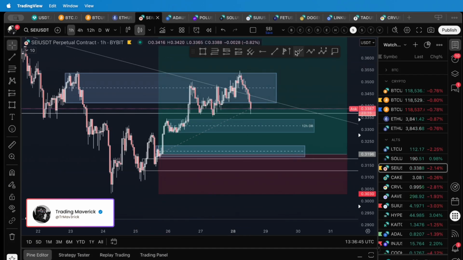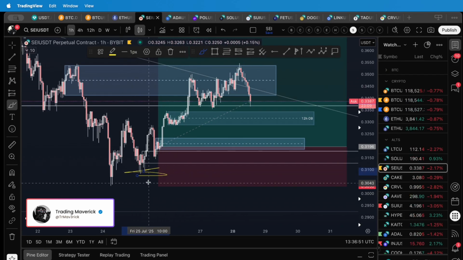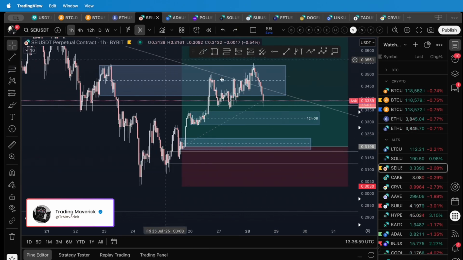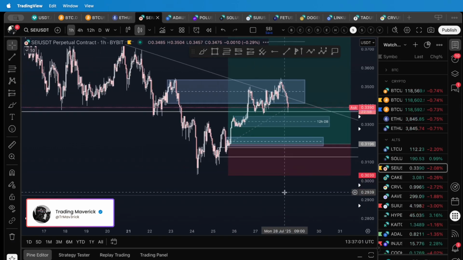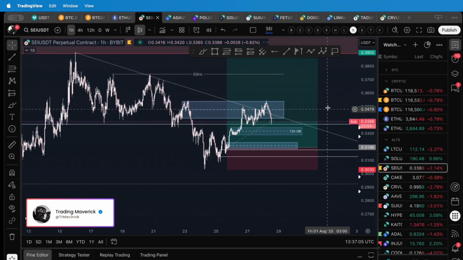I actually moved my stop loss to these lows here. But yeah, you could also put it at break even. But this one, we just need to wait a little bit, but I think it's going to play out to the full TP.